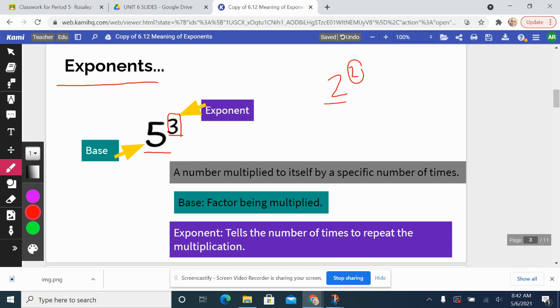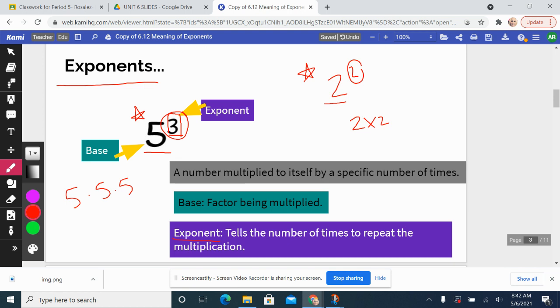So for example, 2 squared just means 2 times 2. Okay, so when you have this base, that's the factor that's being multiplied, right? So this one, this 5 to the third, would technically be 5 times 5 times 5, right? And that exponent, or that 3, right? That tells us how many times to repeat multiplication.